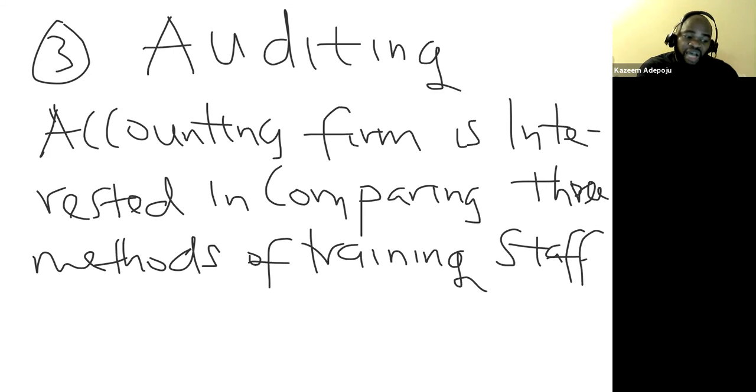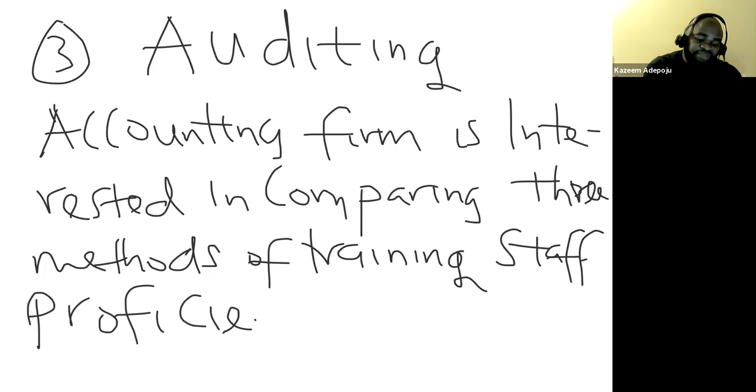And what do they want to compare across the three methods? They want to compare what we call proficiency in auditing.